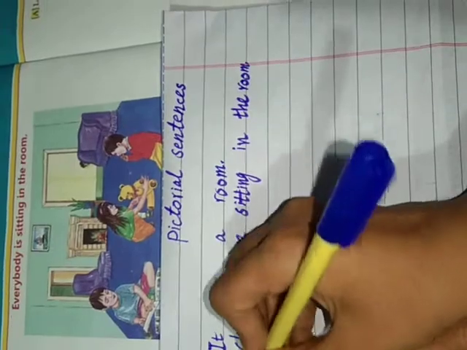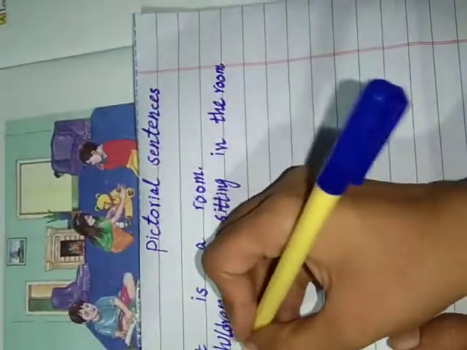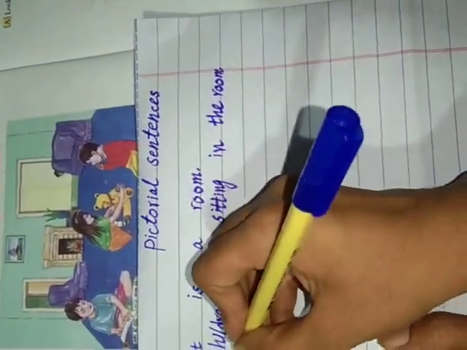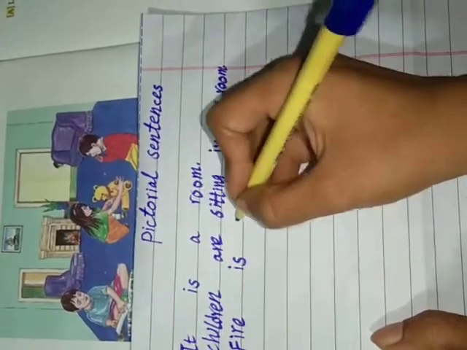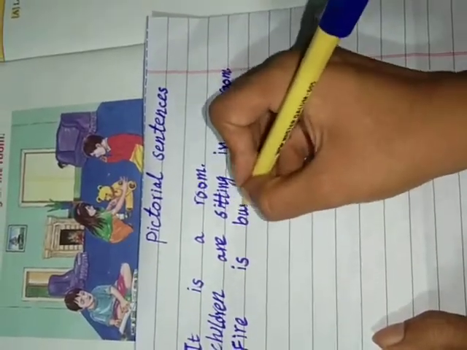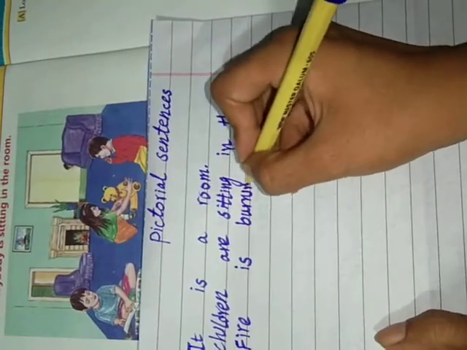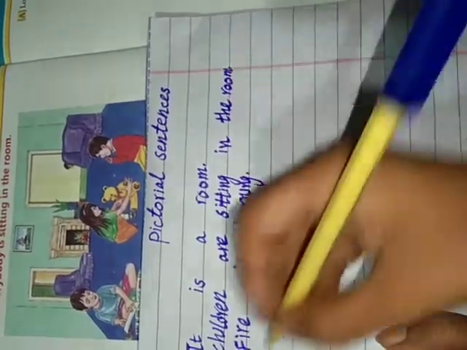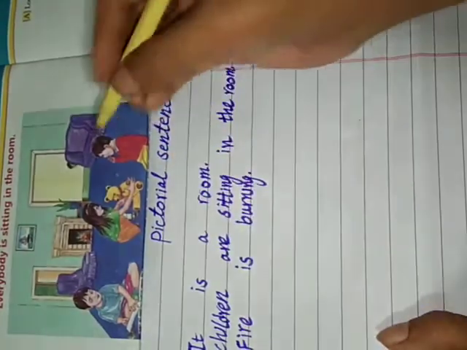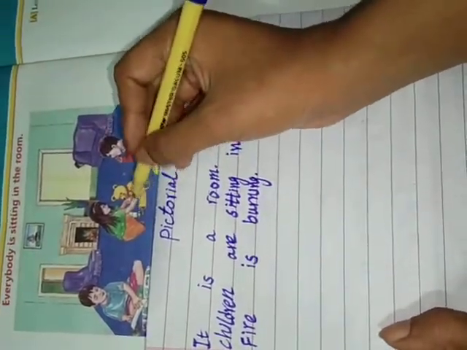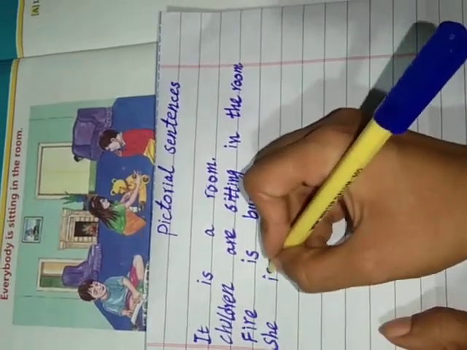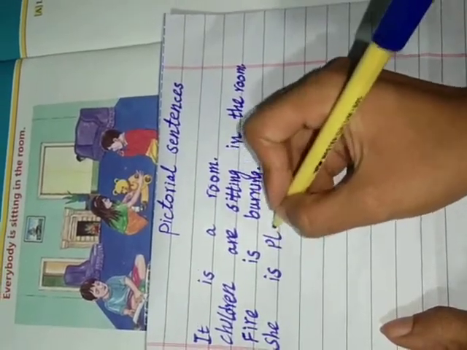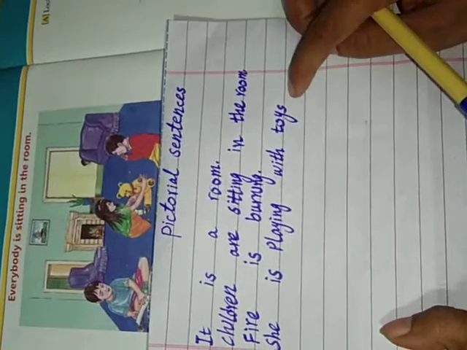Next, we will write about fire. You know very well fire means आग. Fire is burning. Here we are also writing about action. Next, look at the girl. What is she doing? She is playing with toys. Toys means खिलौने.